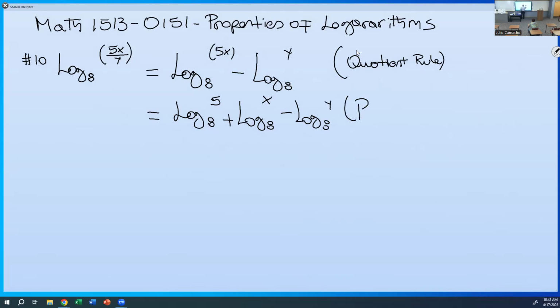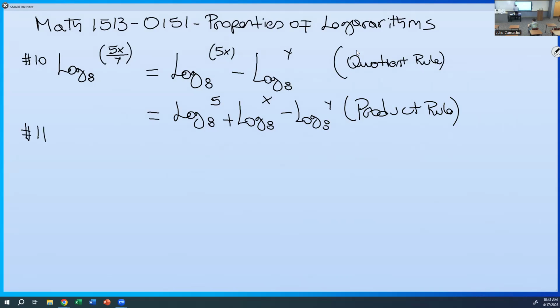And we are using the product rule. Is there any other thing I can do to this expression? Can I simplify it more? No, that is as far as I can go. There's nothing else to simplify. Any questions about question 10? No, sir. Then let's go to 11.